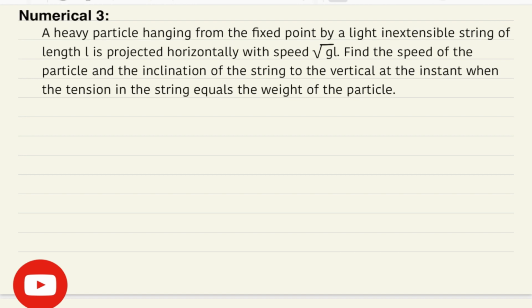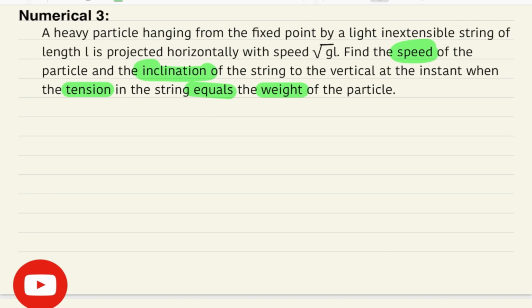Find the speed of the particle and the inclination of the string to the vertical at the instant when the tension of the string equals the weight. At this condition, we need to calculate the speed and angle theta. Okay, no problem, we will calculate that.